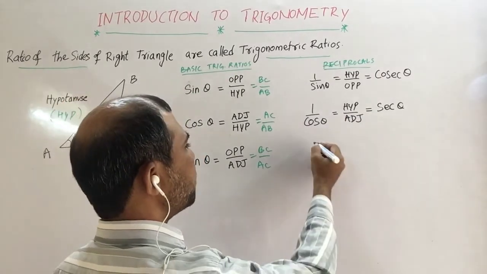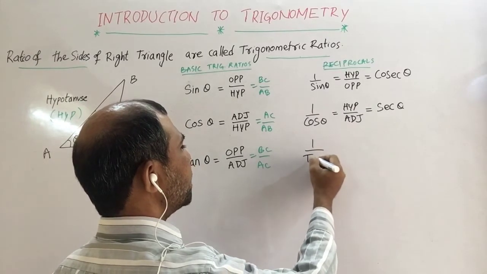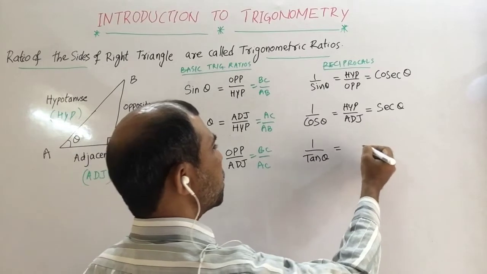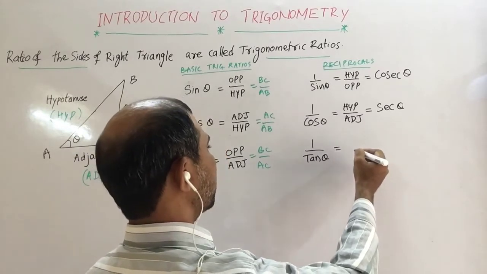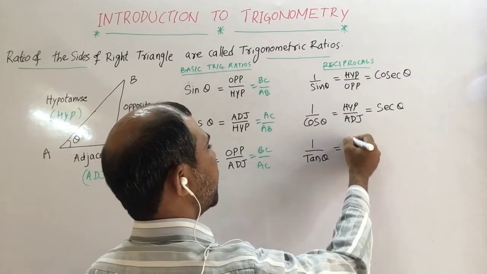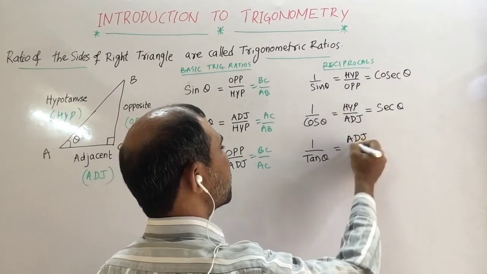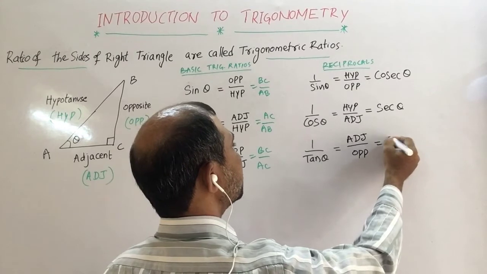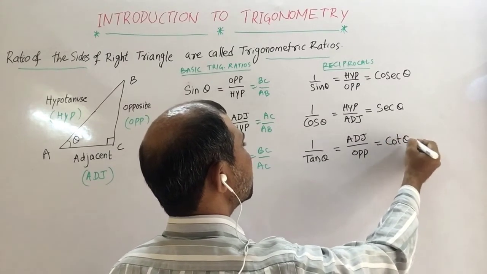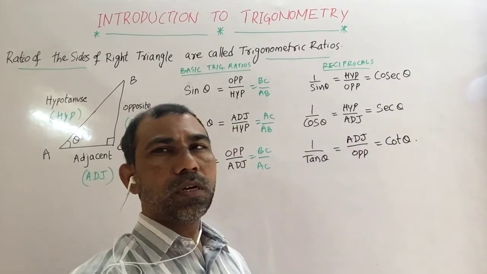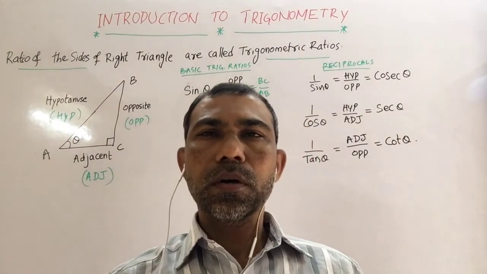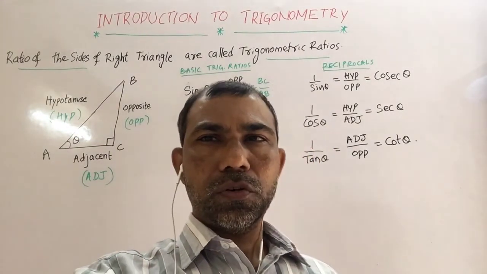Similarly, we can define 1 over tan theta as cot theta, and the definition of cot theta is adjacent over opposite. So these are the 6 basic definitions of trigonometric ratios.